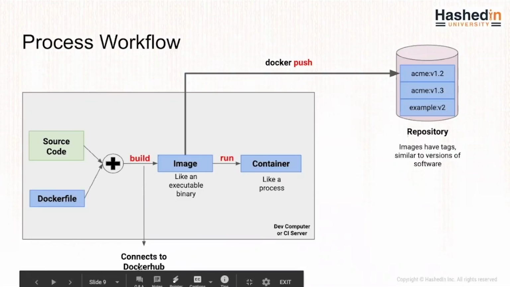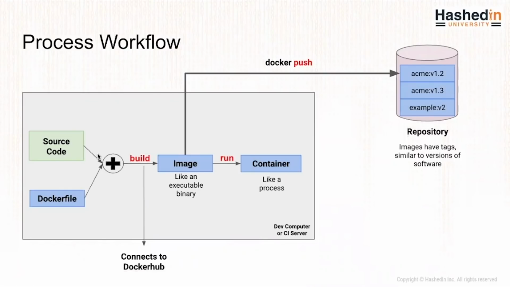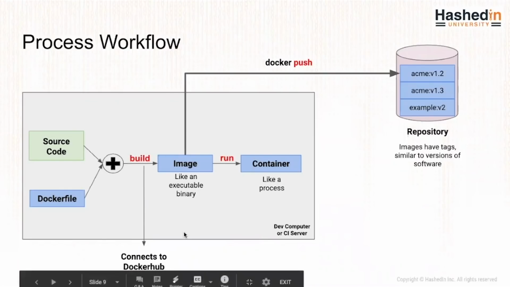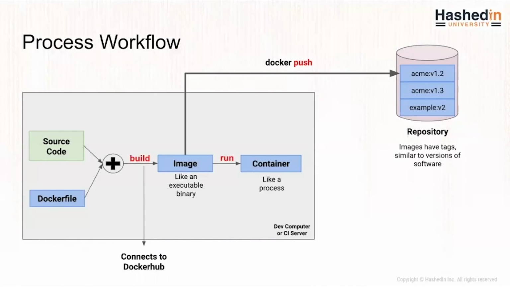It is a public space where you push your image, which has all your code. Remember, it has all your code pushed to public, but ideally you wouldn't want to do that because it's public. So you can have your own private repository hosted for your organization or for your project team or for yourself.